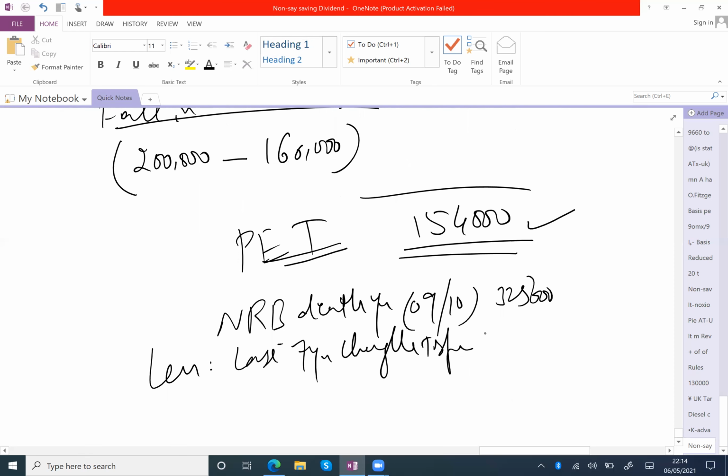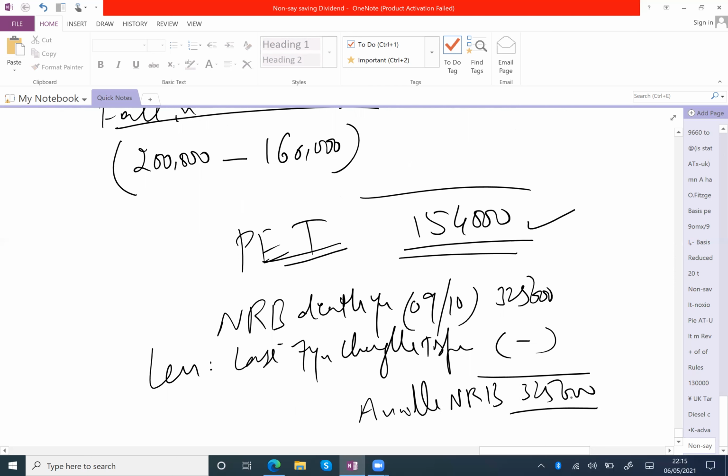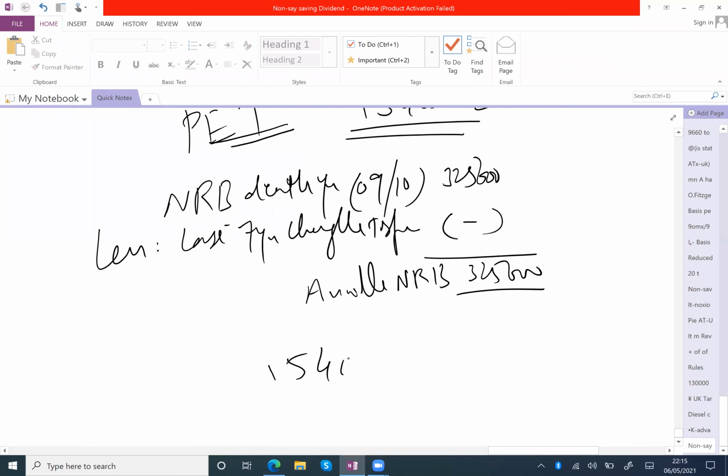So go to the timeline, and from February 04 go back 7 years, there is no chargeable transfer. So available NRB is 325,000. So on the 154,000 PET, all value is covered in this nil rate band, 0% tax is equal to 0 IHT.